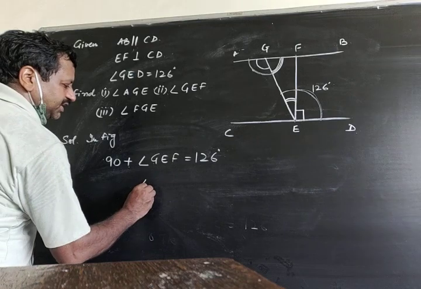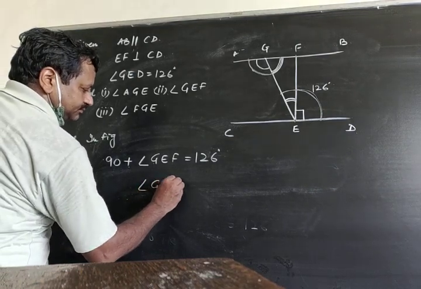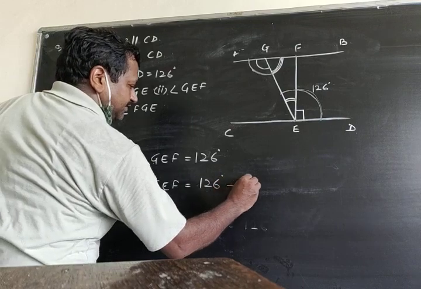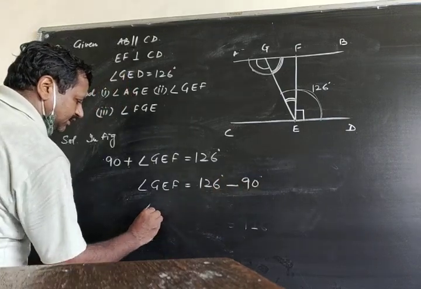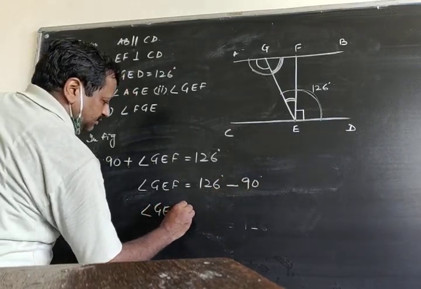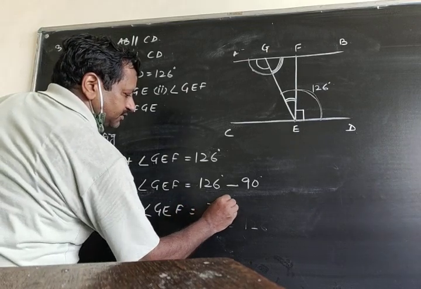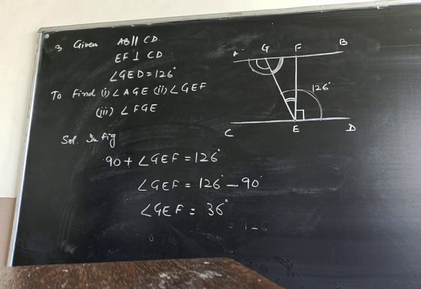So angle GEF equals 126 minus 90, angle GEF equals 36 degrees. So we have done the second part.